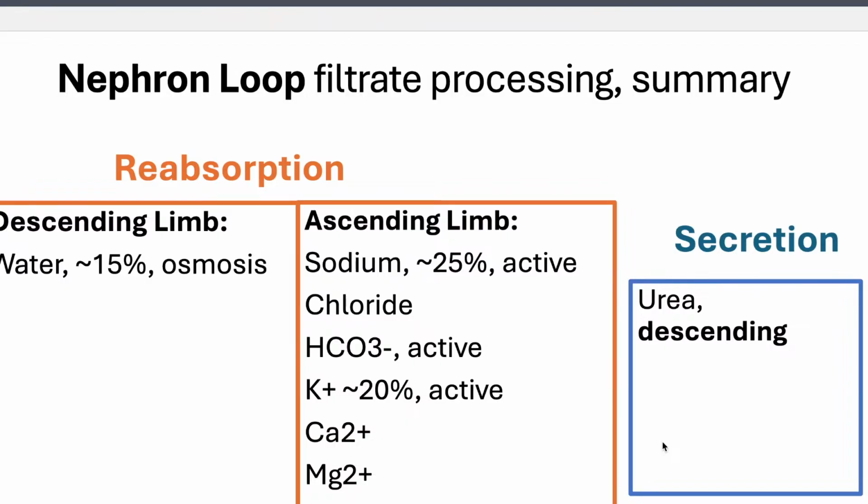For reabsorption we've got water, and for the ascending loop: sodium, chloride, bicarbonate, potassium, calcium, and magnesium.